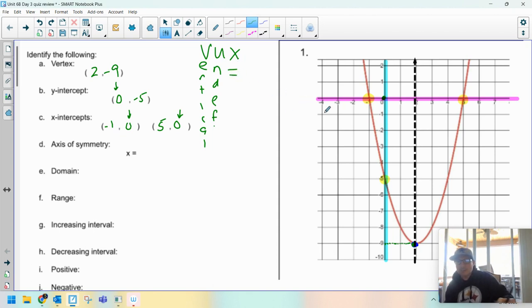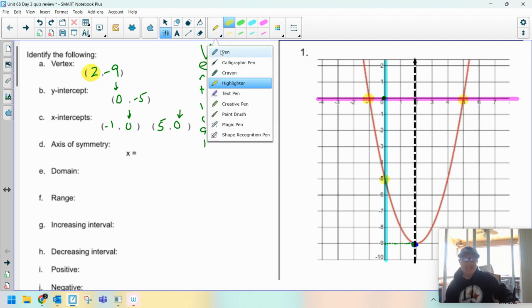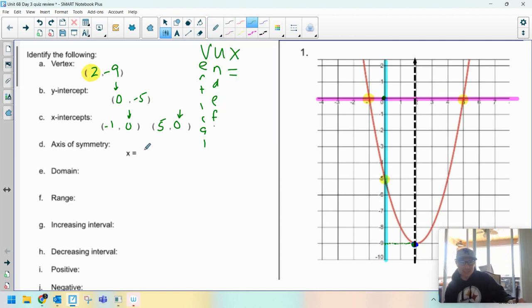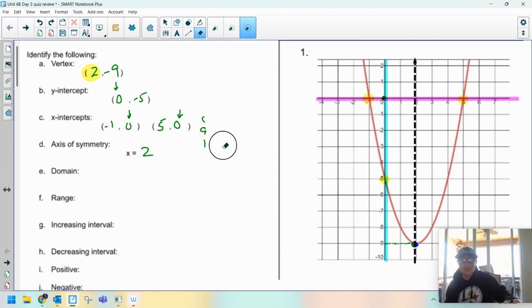So the axis of symmetry goes through the 2 on the x-axis, and because the vertex has an x of 2, it's going to be the same thing. The axis of symmetry is x equals a positive 2. It's that simple. I know. You didn't think it was that simple, but it is.